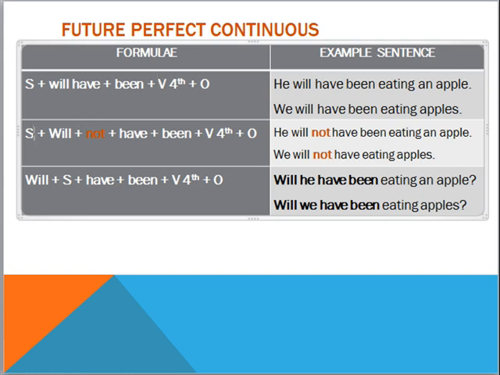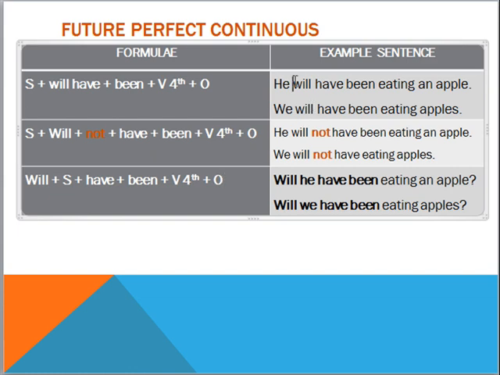In negative we have subject, then will not have been. So we put not after will, and then have, then been, then verb fourth form and object. And in interrogative sentence we bring will to the beginning of the sentence, then subject, have been at the same place, and then verb fourth form and object.